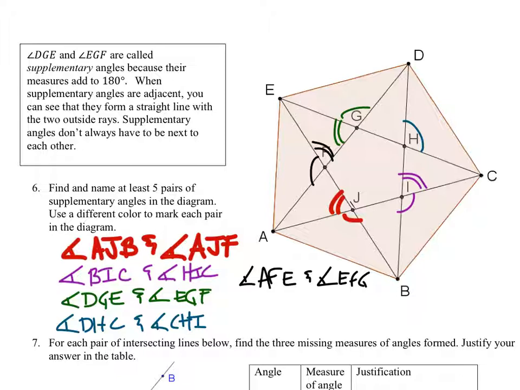But I'm going to do 2 right now that are not next to each other, such as, let's use angle FJI. So that would be this angle right here. And I want to combine it with another angle that is like AJF, but I'm not going to use angle AJF. I will be using another congruent angle with AJF, such as angle A. Wait, hold on, not A, B. BJI.